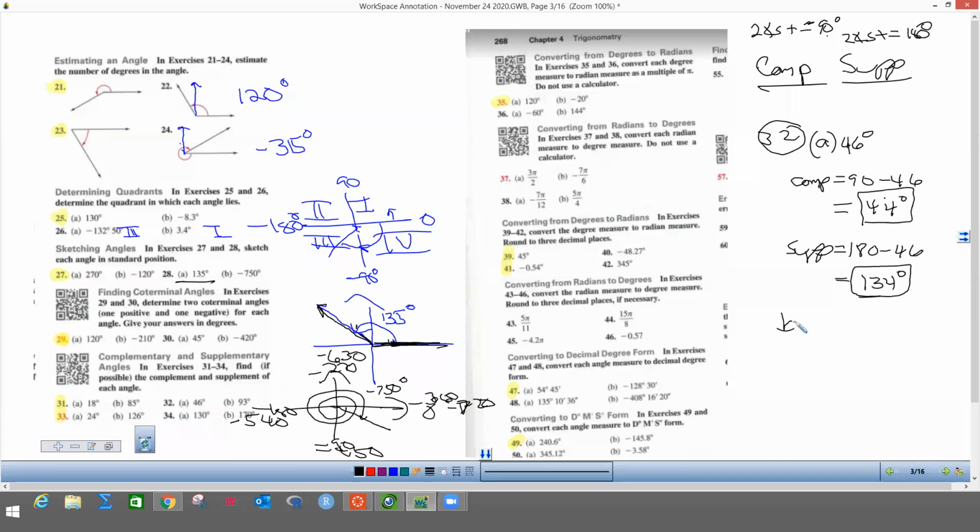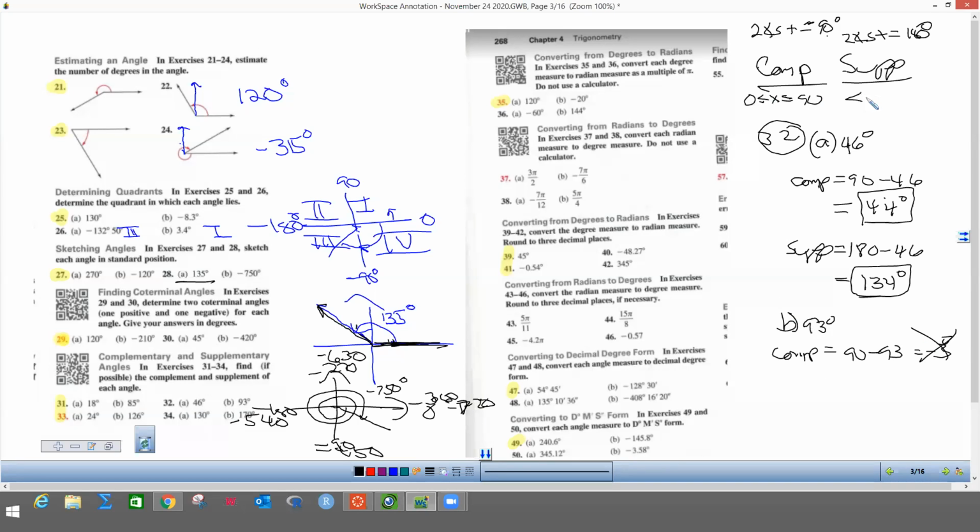I'm going to do part B, which says 93 degrees. So when I get the complement, you get 90 minus 93, which is negative 3 degrees. Complementary angles have to be between 0 and 90.